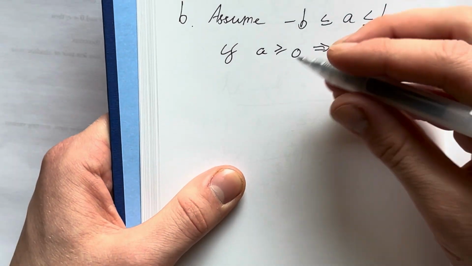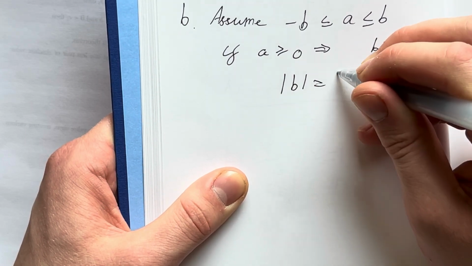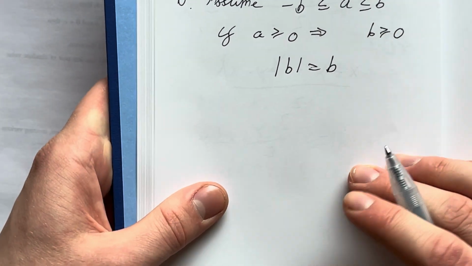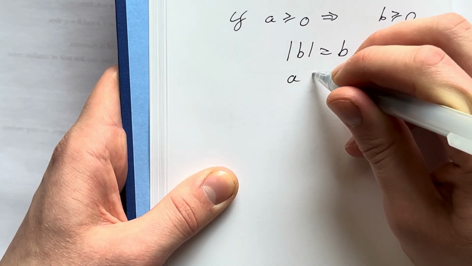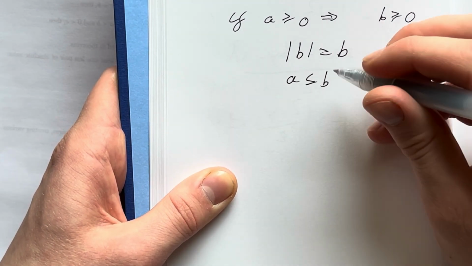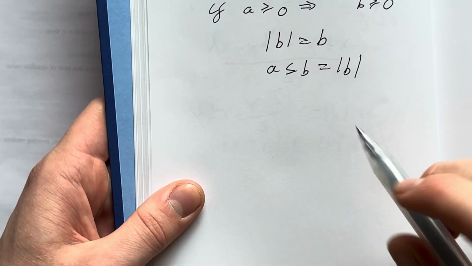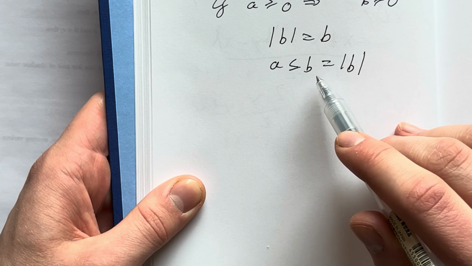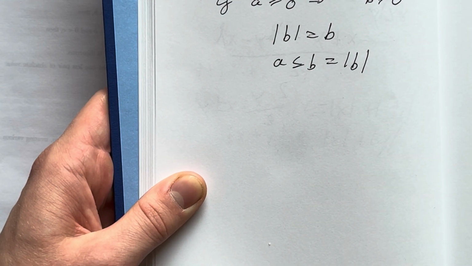And thus, the absolute value of b is equal to b. And because a is less than or equal to b, which is equal to the absolute value of b, the first case is proven.